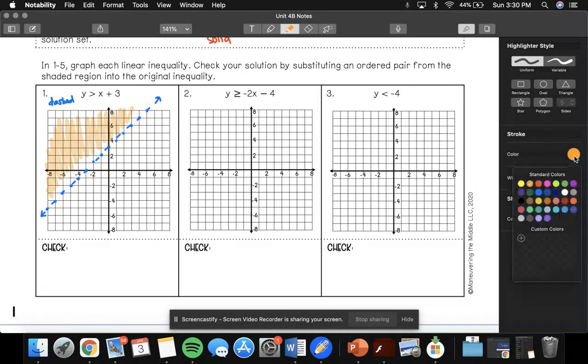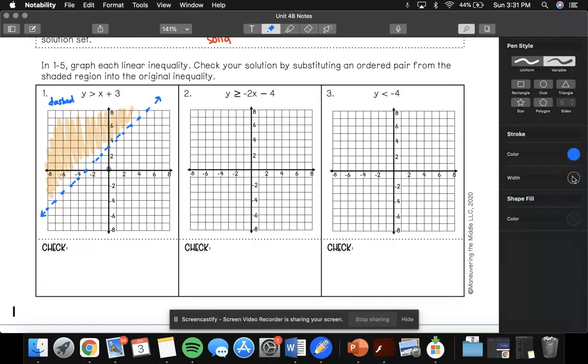Okay, now to check it, I'm just going to use the point 0, 0 a lot of the time, because 0, 0 is an easy ordered pair for me, and it's really easy to substitute. So I'm going to check 0, 0. It's not in the shaded part right now, so after we check it, hopefully it will not make sense in our solution.